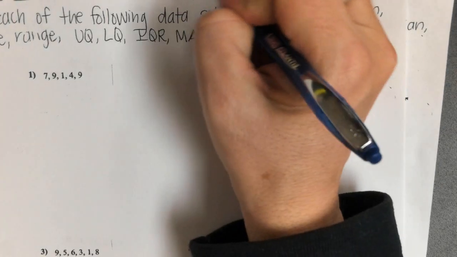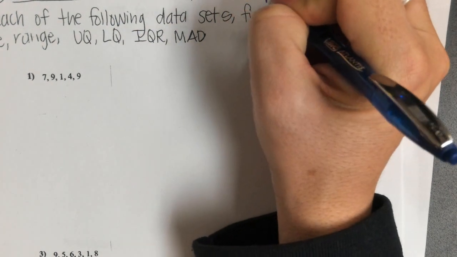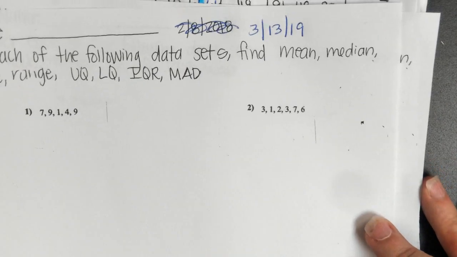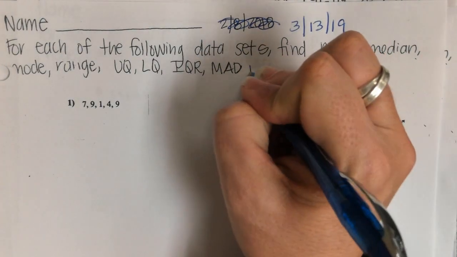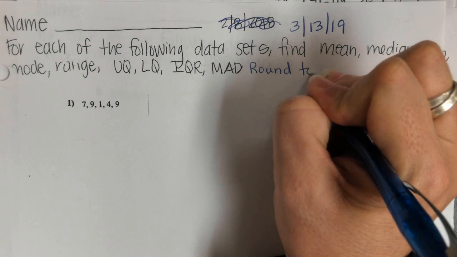Now, we're going to do this assignment. I'm going to start with you on number 1 here. First off, change the date. I need you to write on this sheet, round to the nearest 10th.